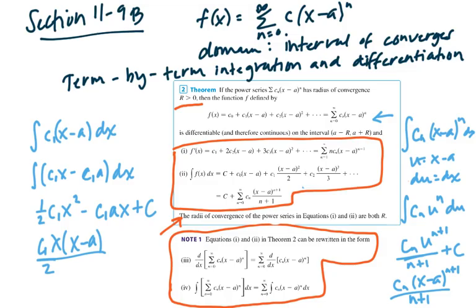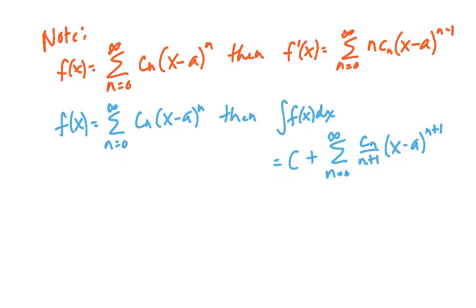And that's what that note is making. Whatever your radius was before, it stays the same. Now, one thing to note here is your interval of convergence does not necessarily stay the same. It may stay the same, it may not. You have to check your new interval of convergence.